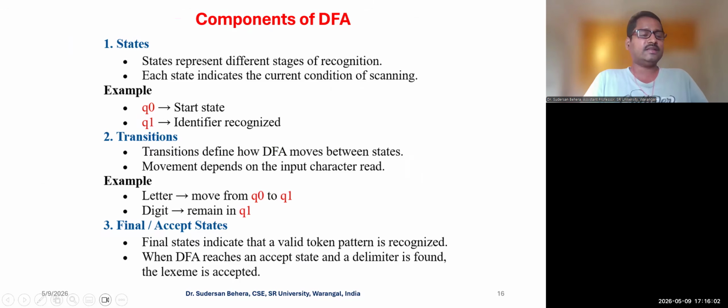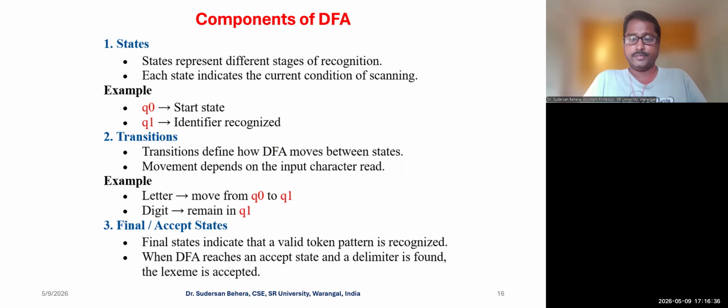Before that, this DFA has several components. Let us understand what the components are, because without this, it will be difficult to understand what a DFA is. It has several components, like a set of states. States represent different stages of recognition, jumping from state 1 to state 2 to state 4, state 4 to state 3 to state 1, state 1 to state 0, state 0 to final state.